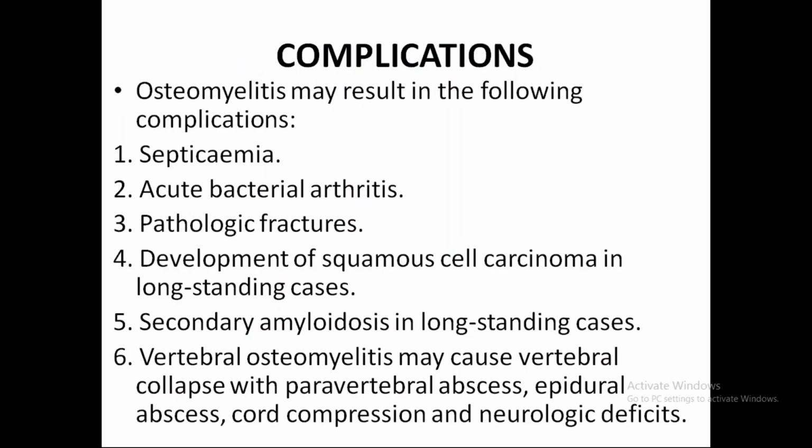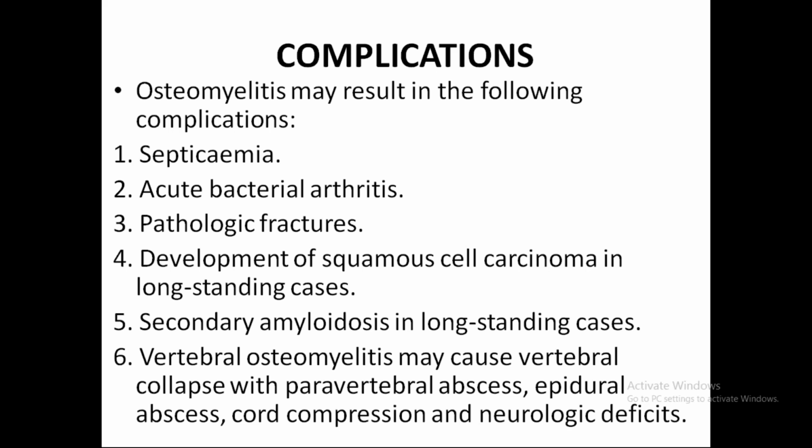What are the complications of osteomyelitis? This can be asked as a very short note. It causes septicemia. Septicemia means the inflammation within the bone spreads to the entire body, and most of the organs are involved with the same infection. Acute bacterial arthritis, that is, infection of the bone spreading to the nearby joint. There can be a pathological fracture, as we have seen in the previous picture.